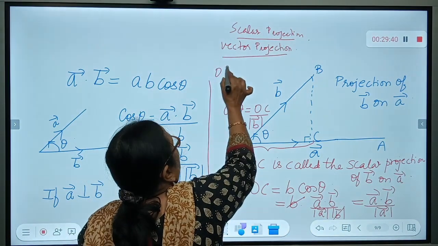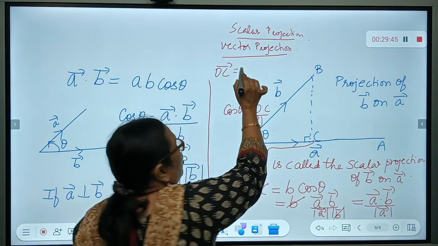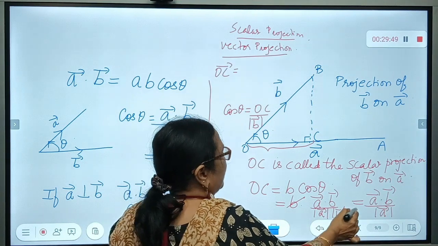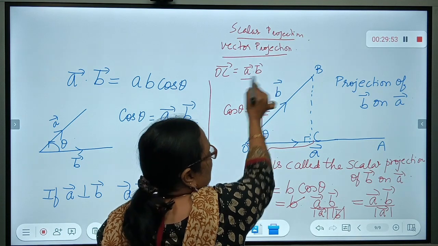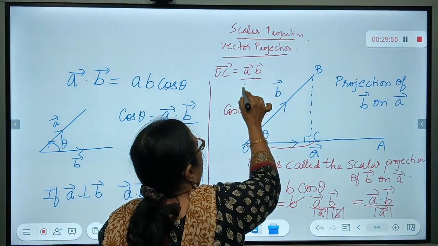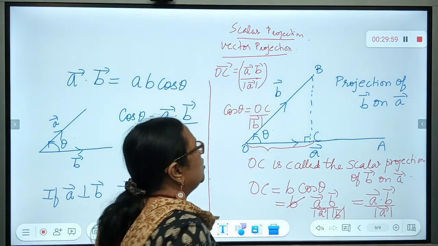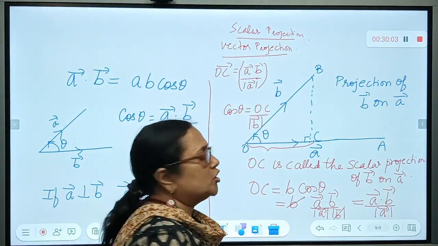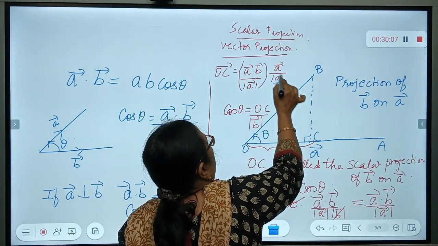Now, what will be OC vector? OC vector is always its magnitude followed by the unit vector in that direction. What is its magnitude? A dot B by modulus of A vector, times, what is the unit vector along the direction? The vector here is A vector. So the unit vector will be A vector by modulus of A vector.